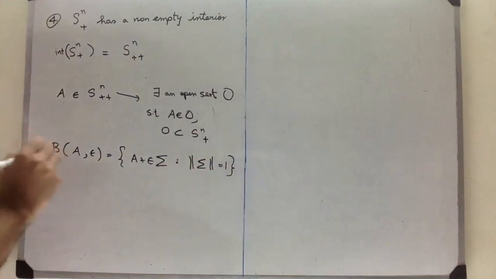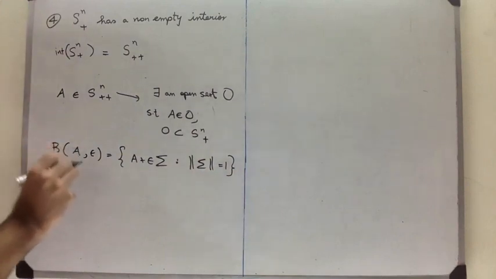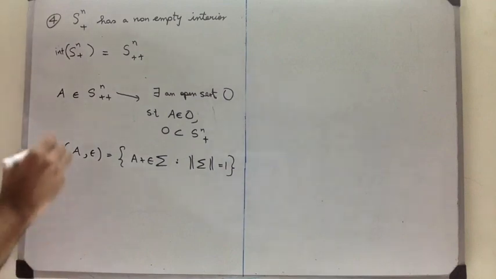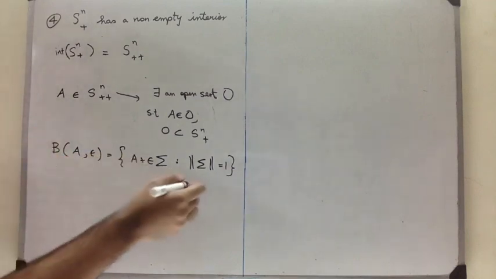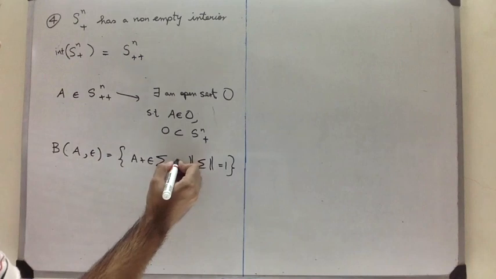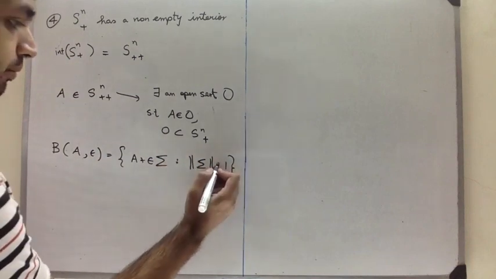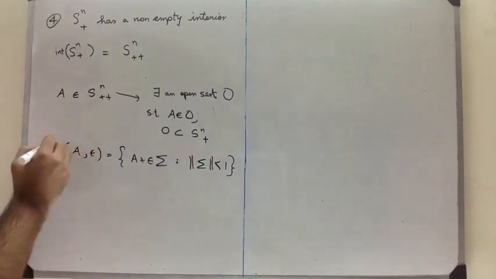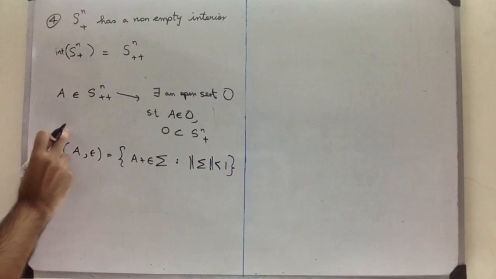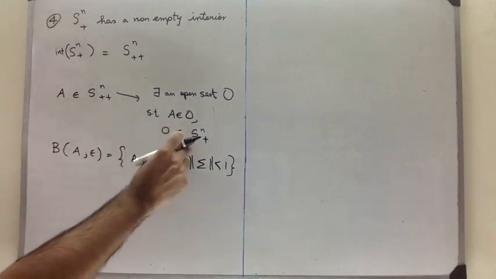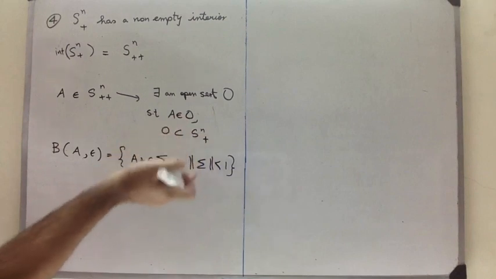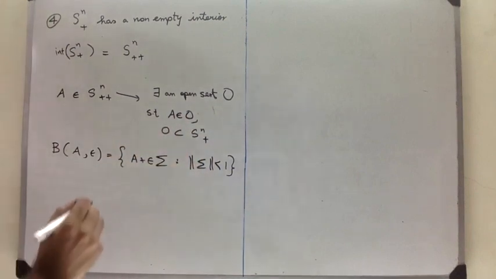So this is the definition of an open ball centered at A of radius epsilon. What we have to show is that for some choice of epsilon, this ball is contained in this cone of symmetric positive semi-definite matrices.